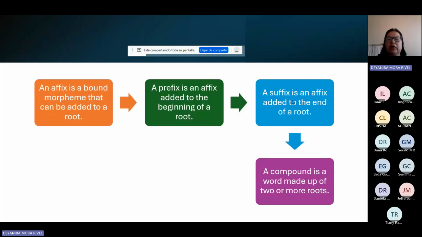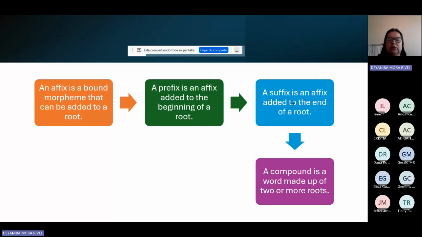So govern comes from, well, it's probably a Latin root. But we know the verb to govern, right? And then if I add ment, that is a suffix, right? I add it to the end, and it also means that it's changed to a noun.